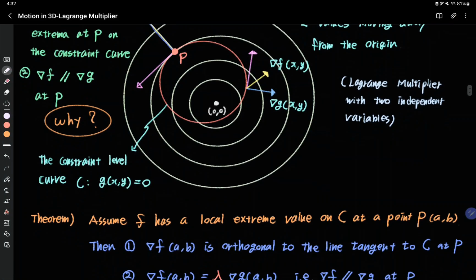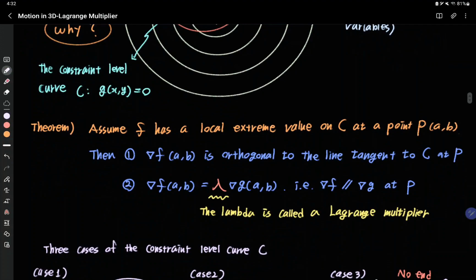So here's the theorem. The theorem is written based on the observations. Assume f has a local extreme value on C at a point P, (a, b).